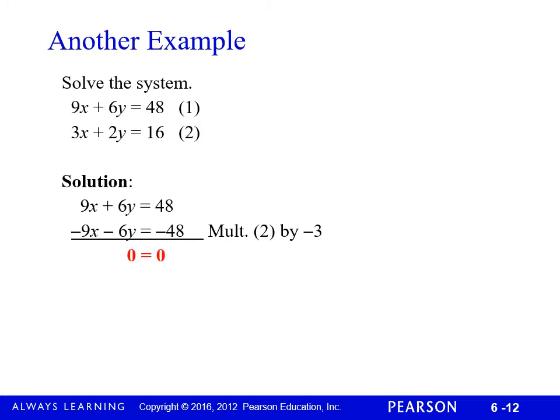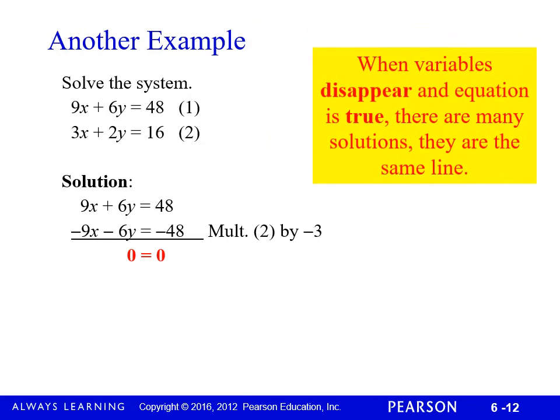And when we add this, we have a problem again because all of our variables disappear. Okay? When all the variables disappear, but the equation is true, then there are many solutions because this is the case where they're the same line. This is the dependent system where they're actually the same line.